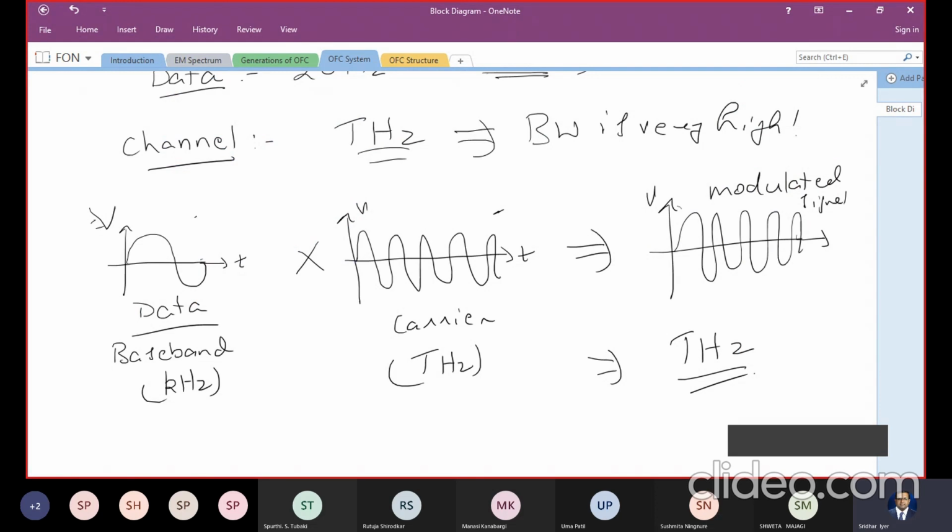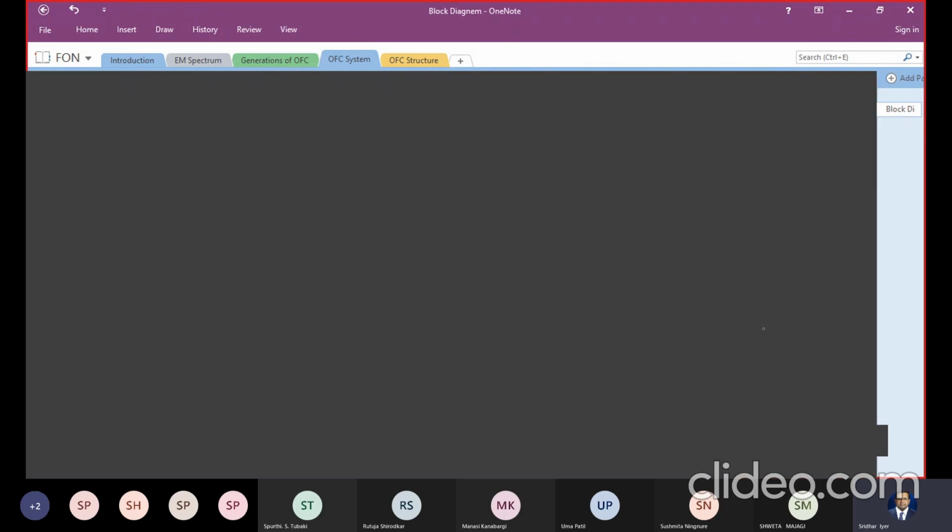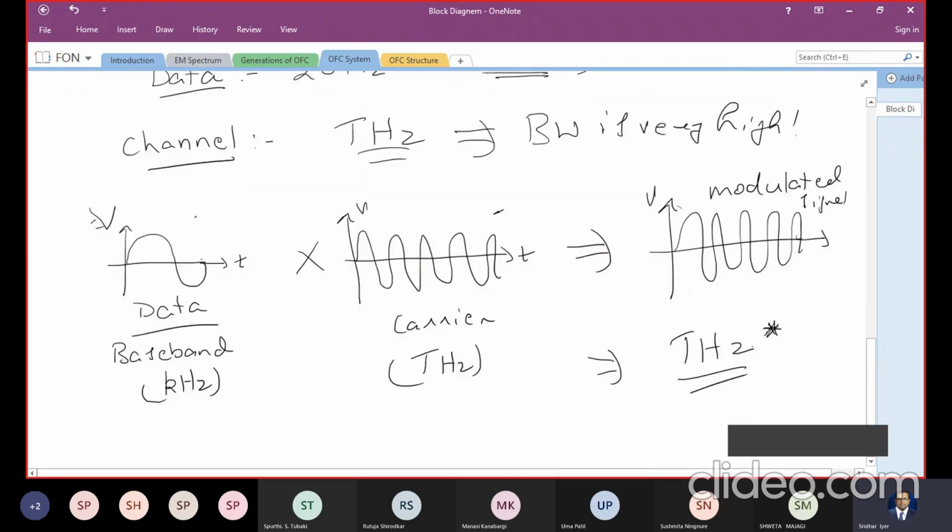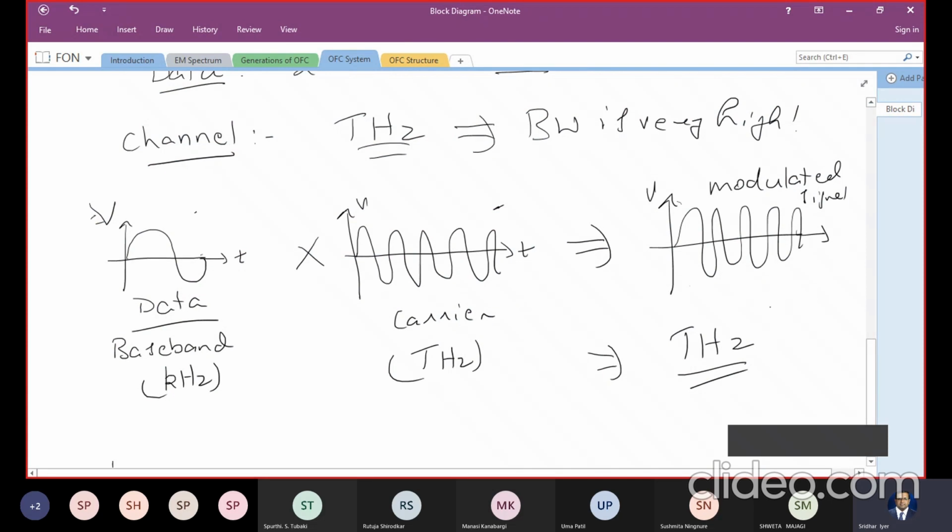However, the major reason is that you can increase the bandwidth. However, this terahertz frequency we cannot receive because our ear is used to 20 hertz to 20 kilohertz. Therefore, at the receiver end, you need to do the opposite process of demodulation, where from this modulated signal you take out the carrier wave, keep it aside, and just take the data out. So that is the use of modulation and demodulation.